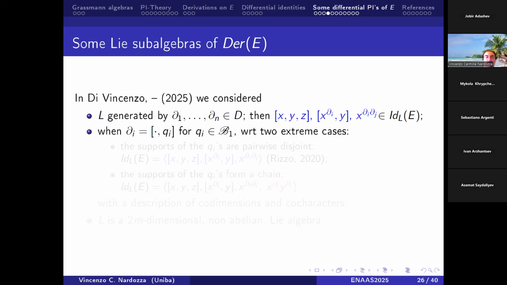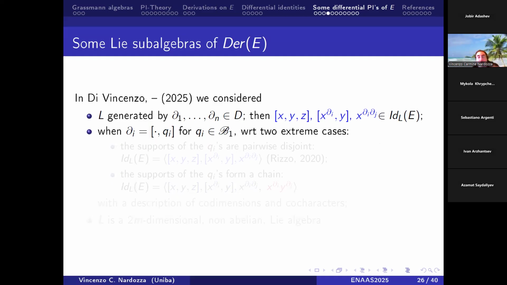Then we consider a specific case, where each of these derivations is an inner one, induced by some elements of the basis of the Grassmann algebra, B sub 1, the basis of E sub 1, the odd component of the Grassmann algebra.